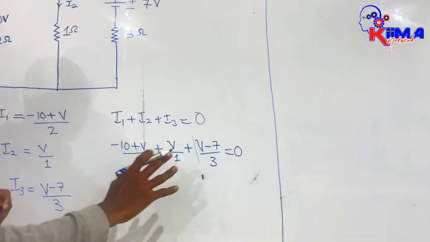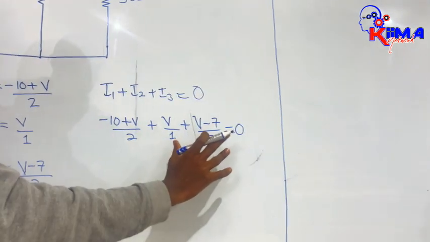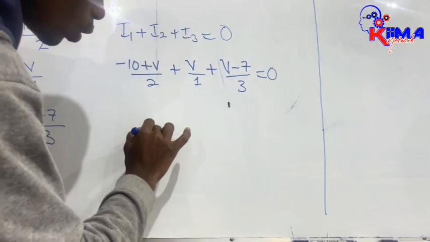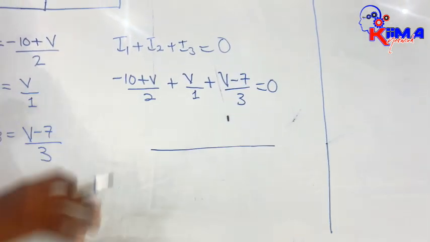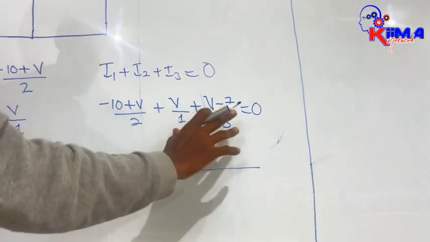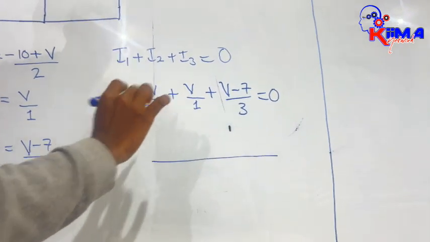For this question, we find the least common denominator, which is 6.